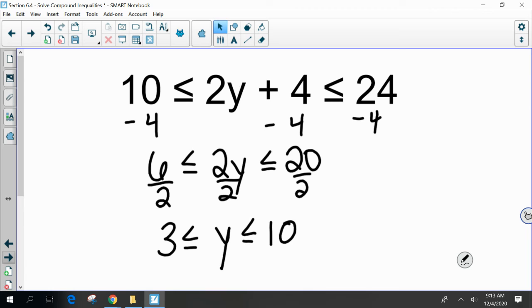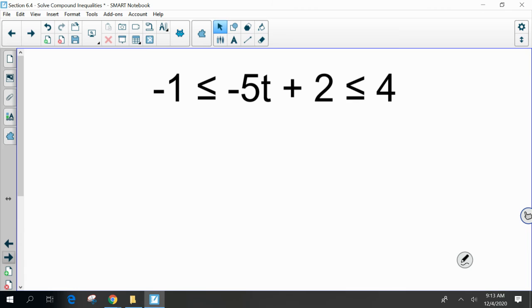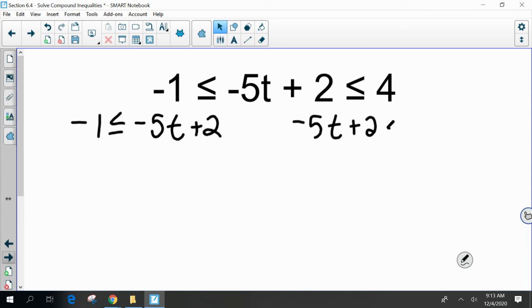Okay, so look at the next one. More than one step, and are you going to flip signs? Yes, so I would split it apart. So -1 is less than or equal to -5t plus 2. And then -5t plus 2 is less than or equal to 4.